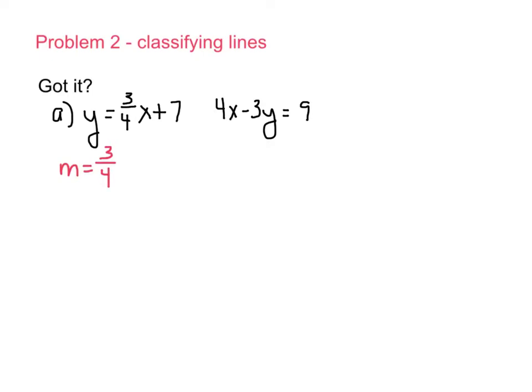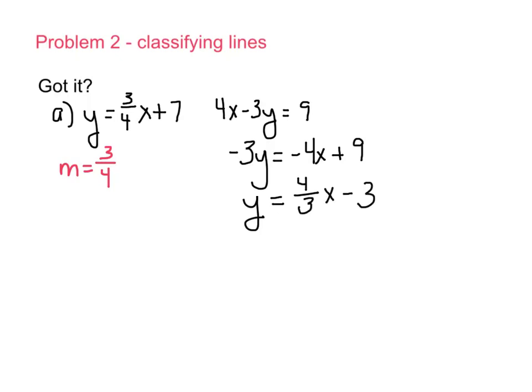So the first step is going to be subtracting 4x on both sides. That would give me -3y equals -4x plus 9. I now have to divide everything by -3. That is going to give me y equals +4/3 x minus 3. Now once again, if you wanted to show this step by dividing everything by -3, you can.